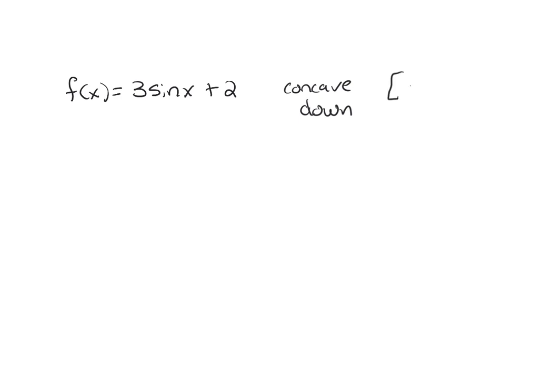Okay, last example, f of x equals 3 sine x plus 2, and that is concave down on the interval from 0 to pi. It's a sine function, so it's going to be concave up and down, but on this interval, it's concave down.